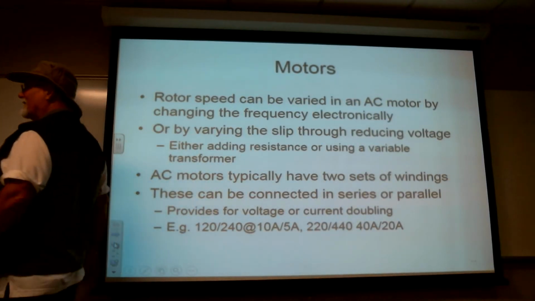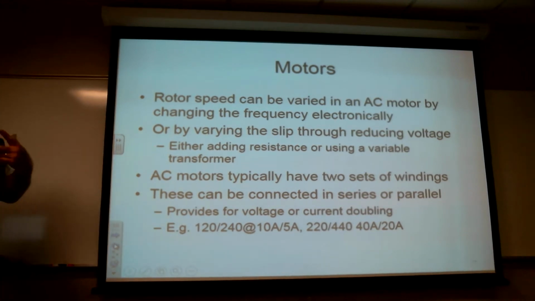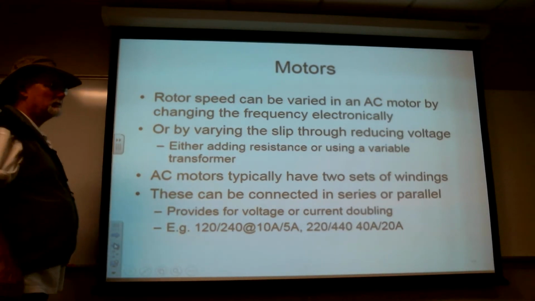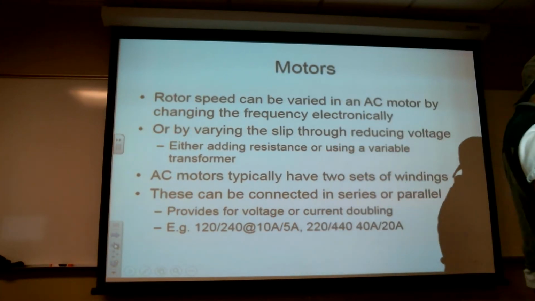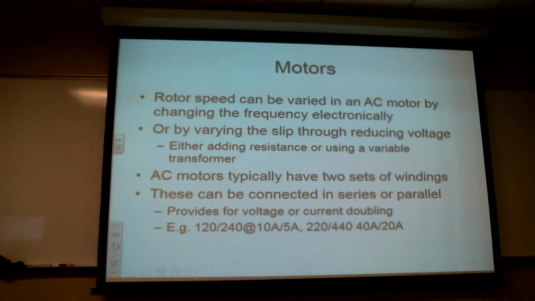I can wind them in delta, stacked, or I can wind them in Y, and that will change the amount of current versus voltage. The power will be the same, but by having, if it's a three-phase motor, I'll have 6 windings in there.